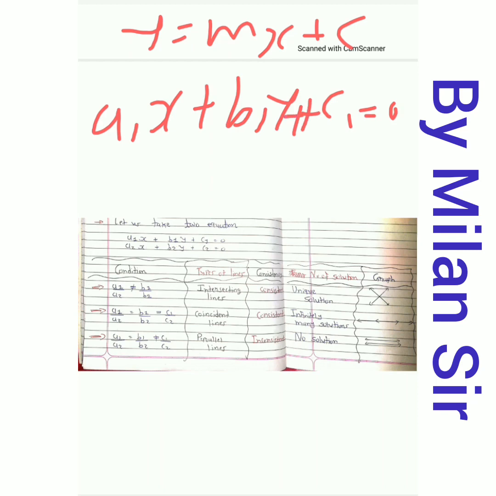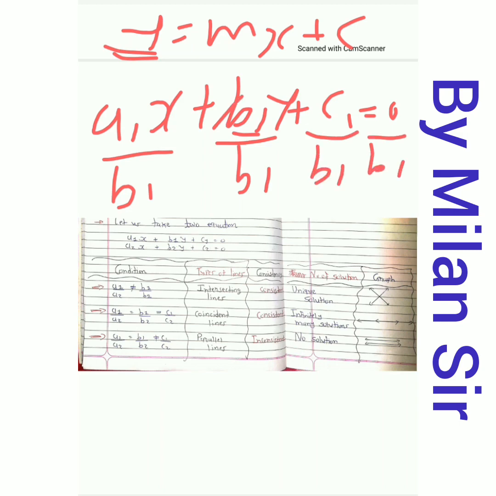If we want to convert this equation into y is equal to mx plus c, then y should be single, so we need to cut b1. So divide the whole equation by b1 on both sides. So here b1 cancels. Here a1 upon b1 is m, but here it is minus m, right?